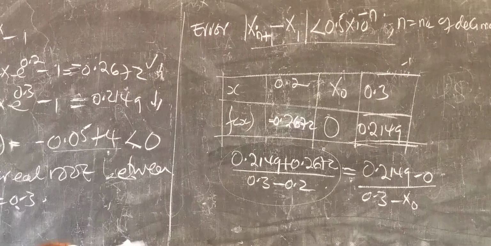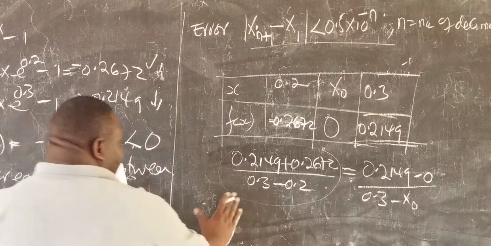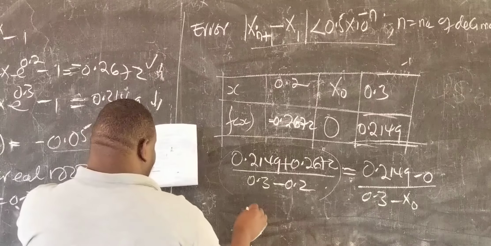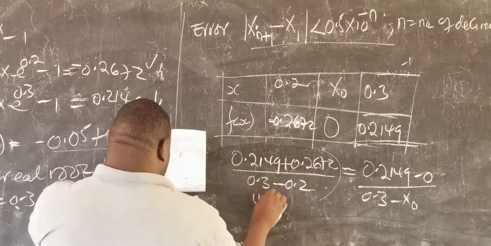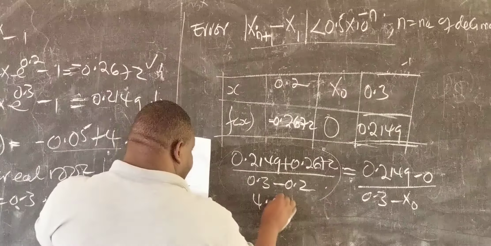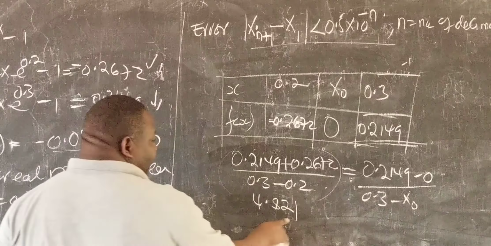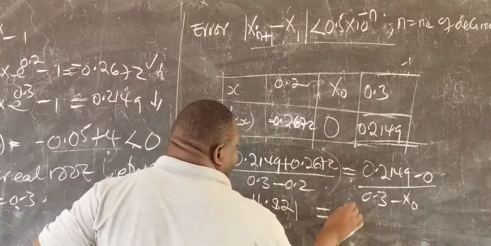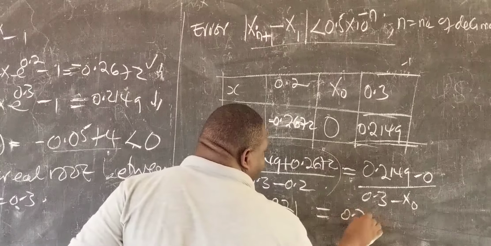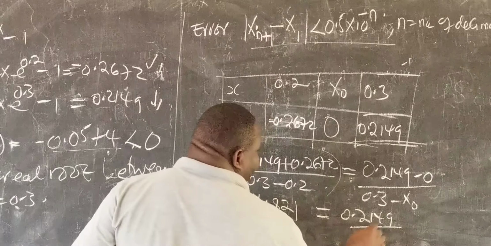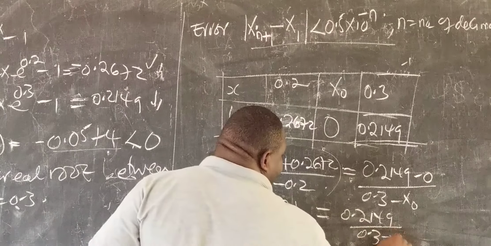So when we use the calculator, you know how to do it. When you compute the whole of this one here, it gives us a value which is 4.821. Maximize the number of decimal places, and this one is equal to 0.2149 over 0.3 minus x naught.